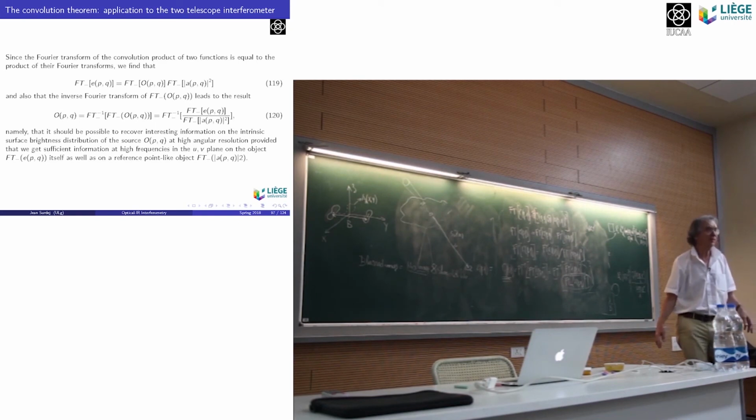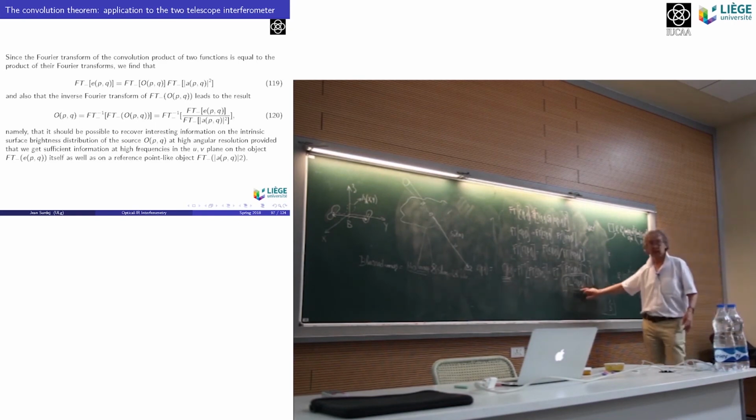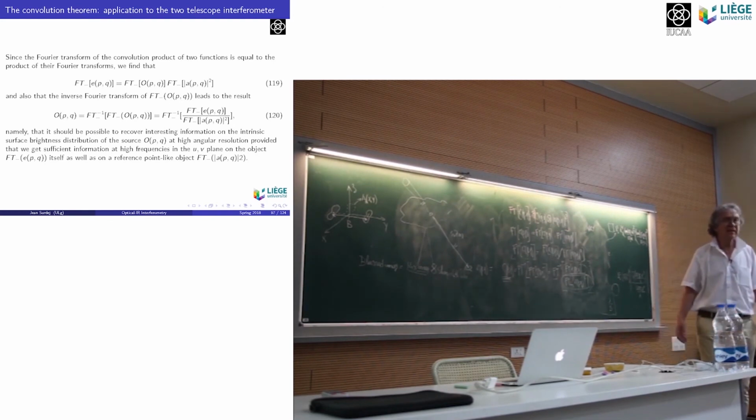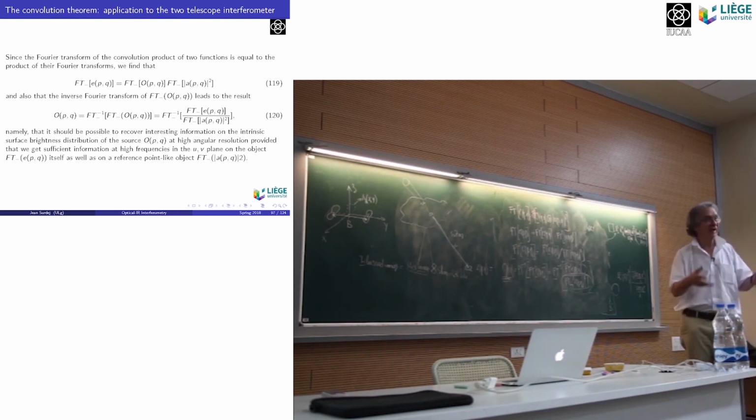But in the radio, you may infer this from a dirty map and then proceed with a CLEAN algorithm to make the deconvolution. This is where radio astronomy is more powerful than optical astronomy, in that it is not so much affected by the state of the atmosphere. Well, a little bit to some extent, but not as much.